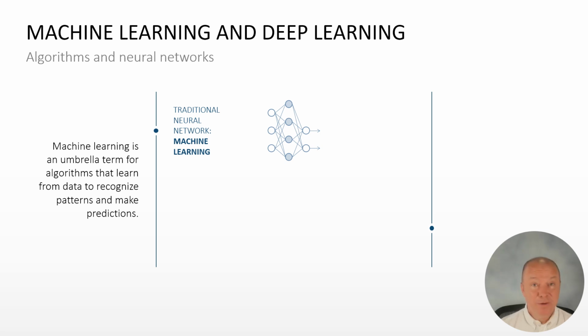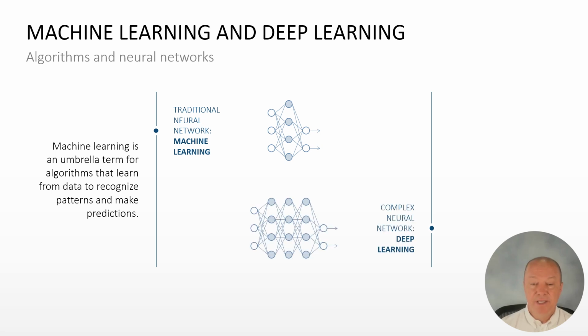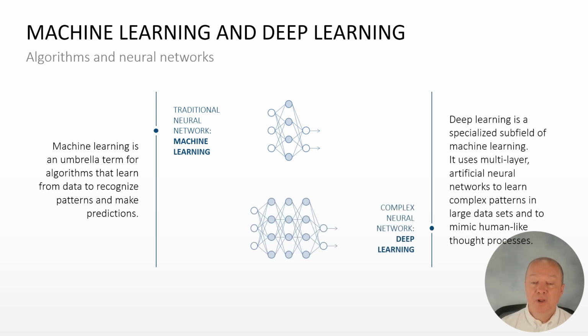So going macro to micro, let's dig a little deeper into machine learning and deep learning, where we look at algorithms and neural networks. So again, machine learning is an umbrella term for algorithms that learn from data to recognize patterns and to make predictions. A traditional neural network then is machine learning. Now this then leads to more complex neural networks known as deep learning.